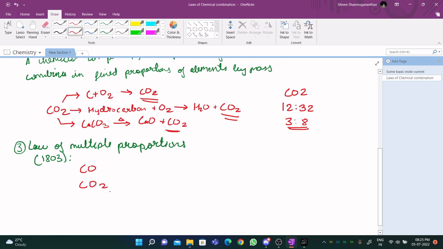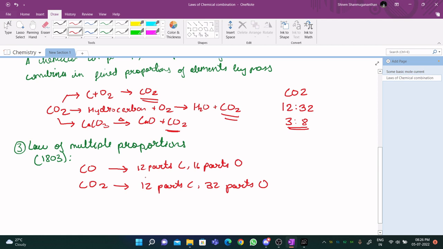In carbon monoxide, we have 12 parts by mass of carbon with 16 parts by mass of oxygen. Now, if you look at CO2, we again have 12 parts of carbon and we have 32 this time, 32 parts of oxygen because we have two oxygen atoms.